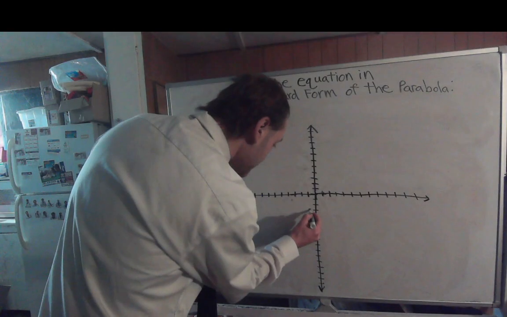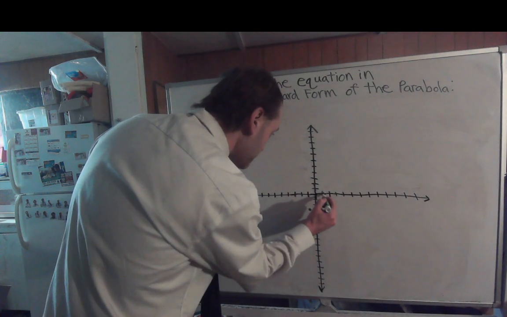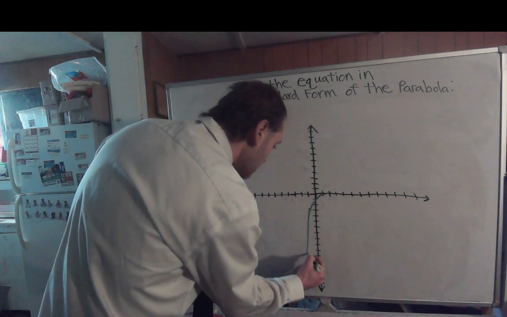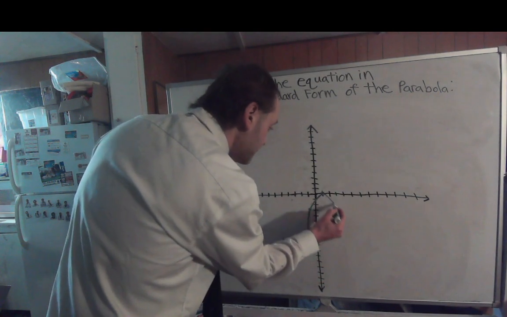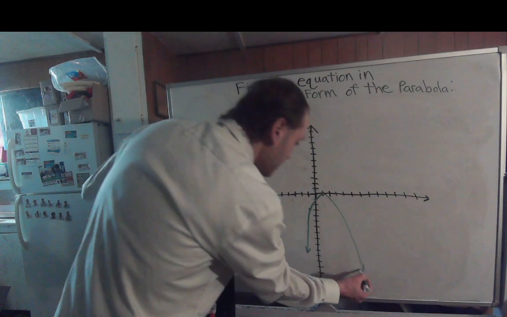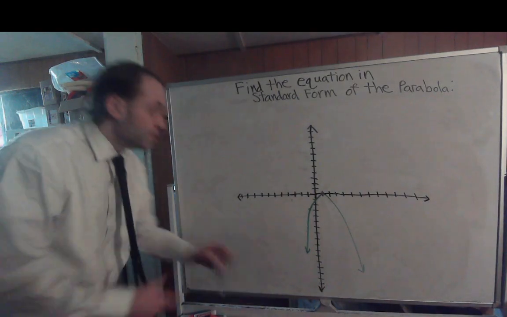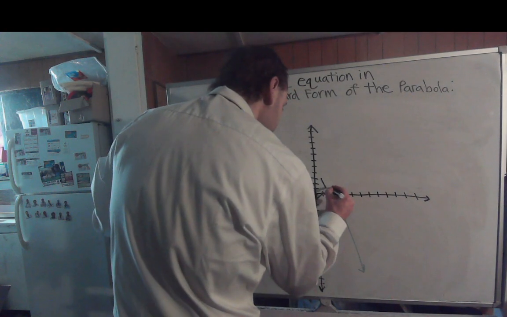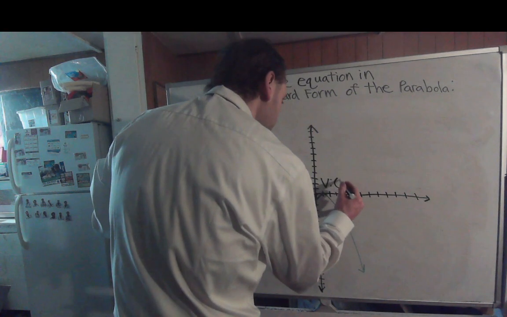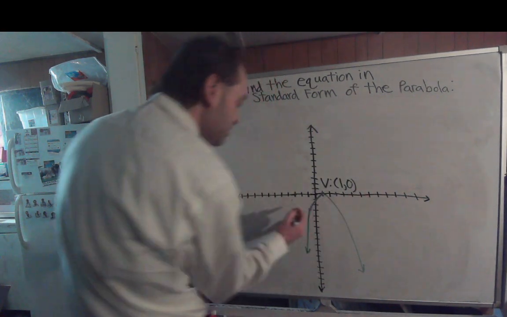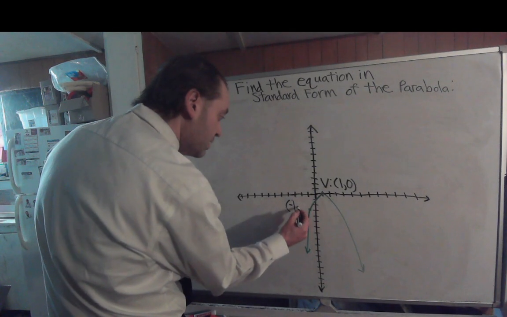Passing through the point -1, -3. So if you're just given a vertex and a point it passes through, you don't really care about intercepts. The vertex is located at the point 1, 0. Then it passes through the point -1, -3.